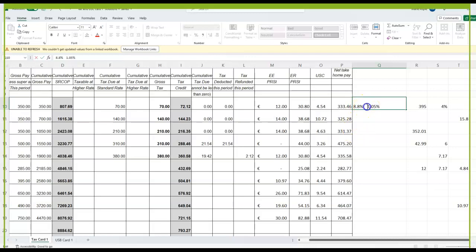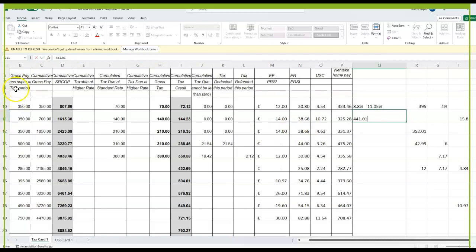So guys, can you tell me, when does the 11.05 kick in? 441, exactly. If your income is 441 or less, it is 8.8. If it is 441 and 1 cent, then it becomes 11.05.